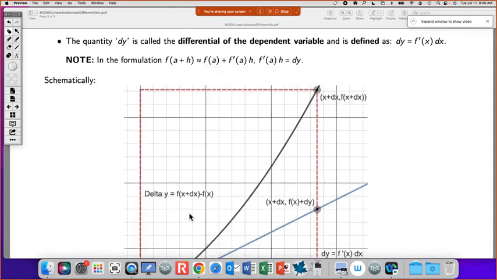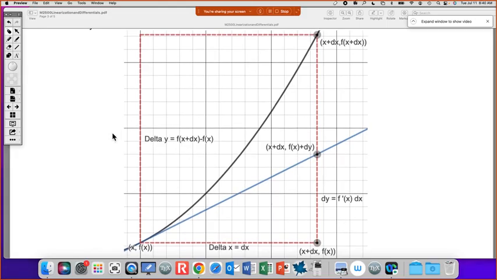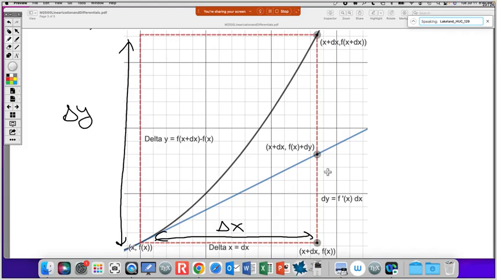So I went through, I created this diagram here, which has all the stuff on it. I had to spell out the word delta because Desmos didn't have a delta. But here's the delta x down here. So this is where delta x is. Here's where the delta y is. And here's where the dy is.